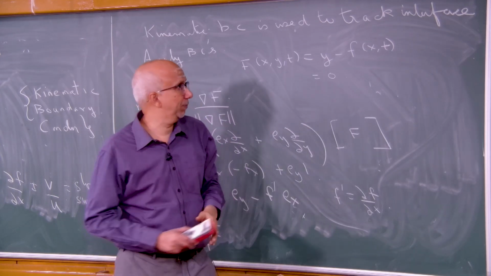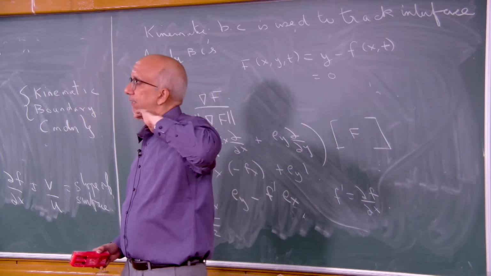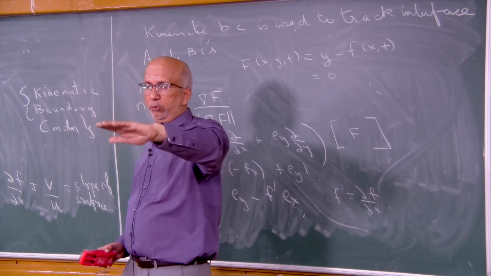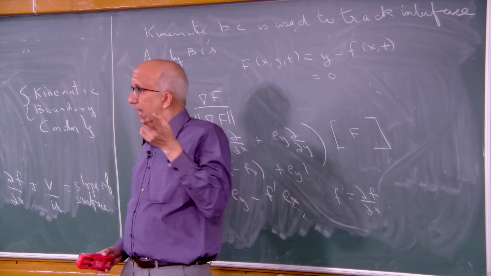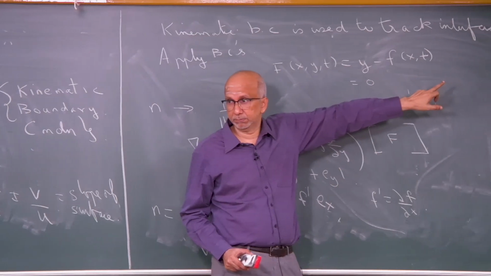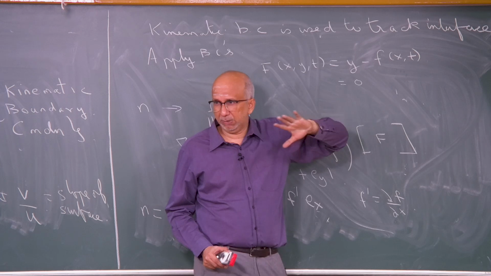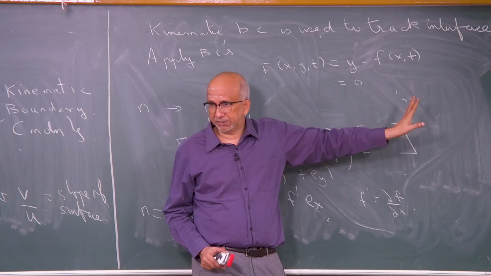Keep in mind that in the z direction things are going to infinity, so no changes in the z direction. That is an assumption I made. Otherwise, you have to consider f of x, z, t. Just to keep the mathematics simple and explain physically, I have not considered the z dependency.